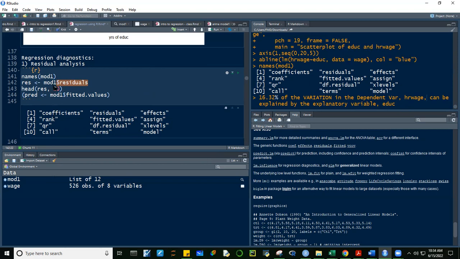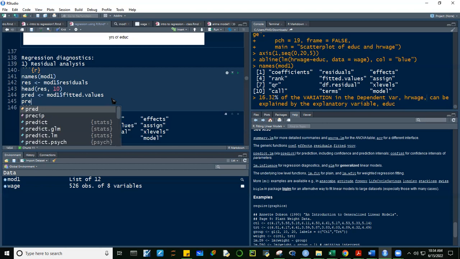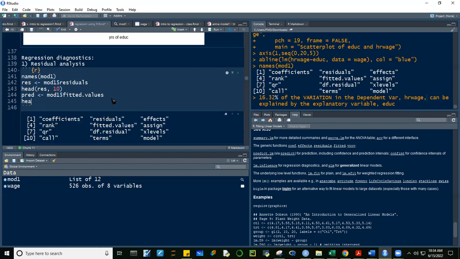We use model 1 and then dollar residuals. So let's run this. Tapos yung pred din nga pala, itong pred. Okay, galing naman siya sa fitted values. So pred, gawin din natin head, no? Head ng pred 10 na lang din. Okay, so let's run this.